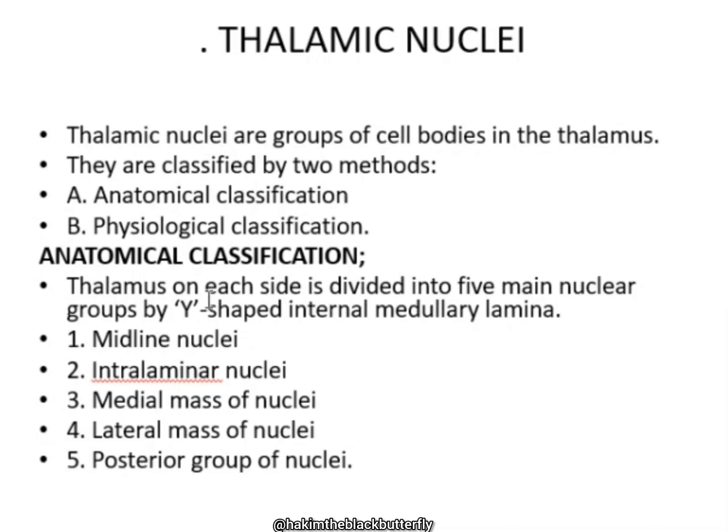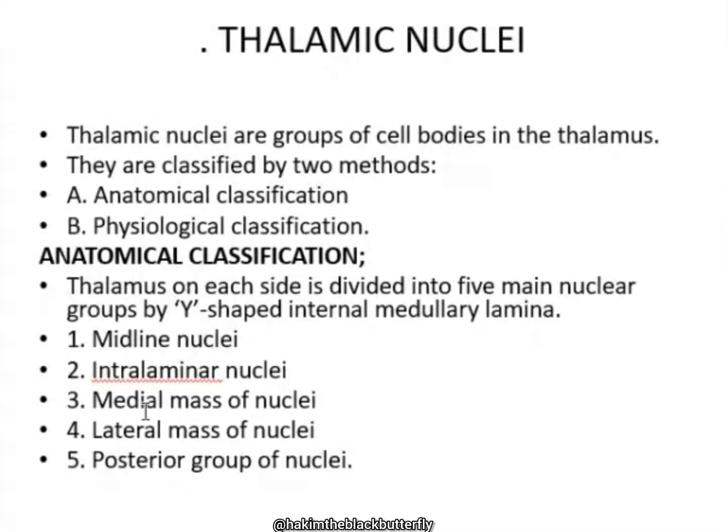So the anatomical classification is going to classify the thalamus according to its location, generally. When they say that nuclei are intralaminar, they say they are inside that white lamina. That's why they say intralaminar nuclei, because they are on the inside of that lamina.